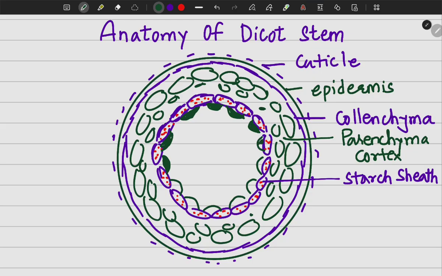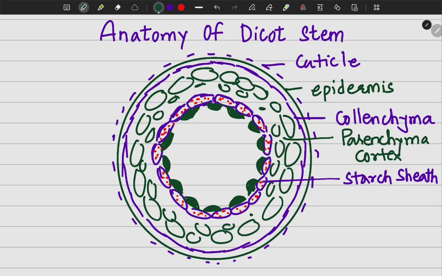If you remember the anatomy of dicot root, the pericycle was continuous, but here in case of dicot stem, the pericycle is in the form of semilunar patches and is made up of sclerenchyma. These semilunar patches of pericycle are present just above the xylem.